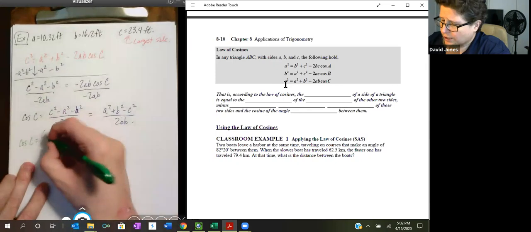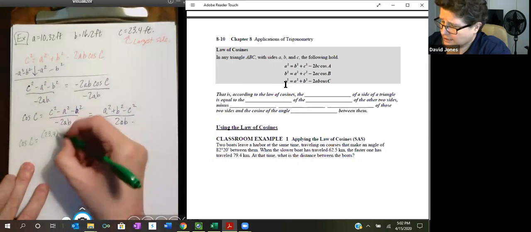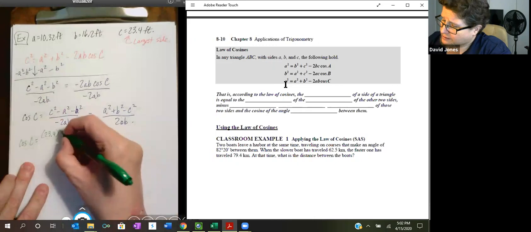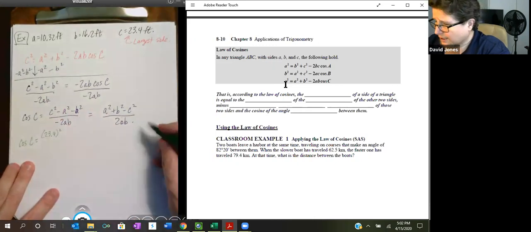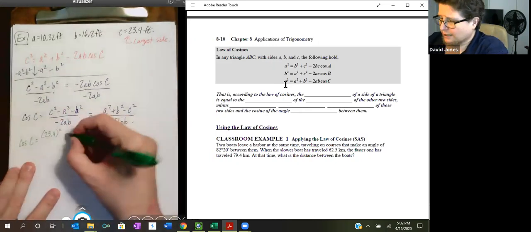C squared is 23.4 squared. And remember, we'll see what our outcome ends up with.